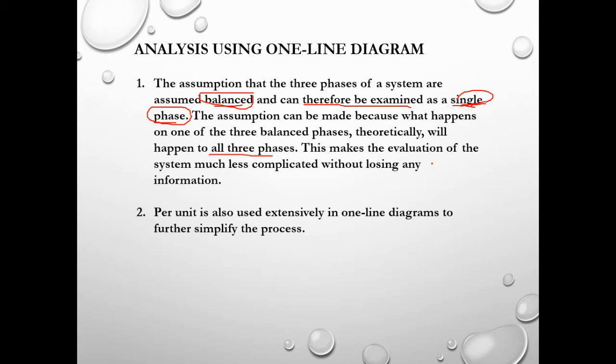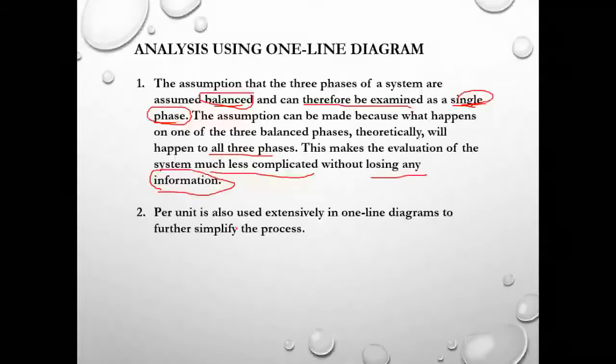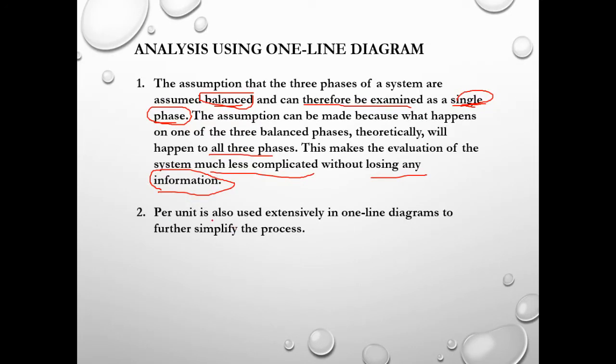So this makes the evaluation of the system much less complicated without losing information. To have a further understanding, we will see this exercise later on. The per unit (PU) is also used extensively in one-line diagrams to further simplify the process.